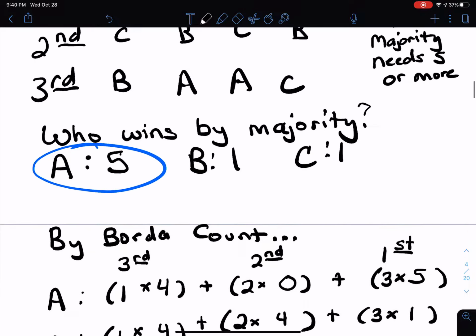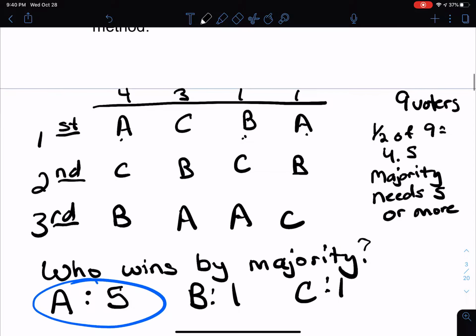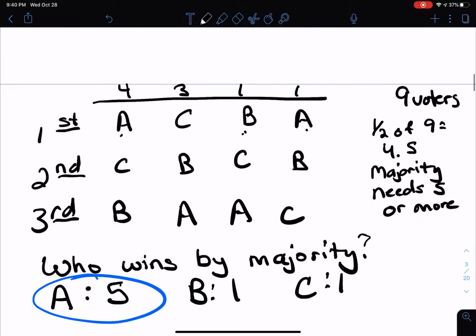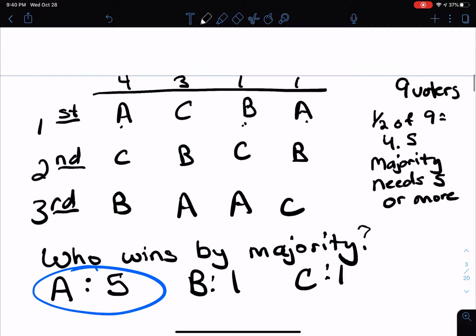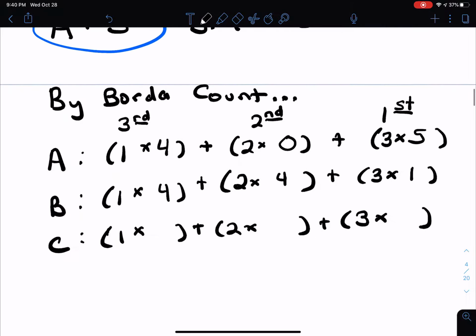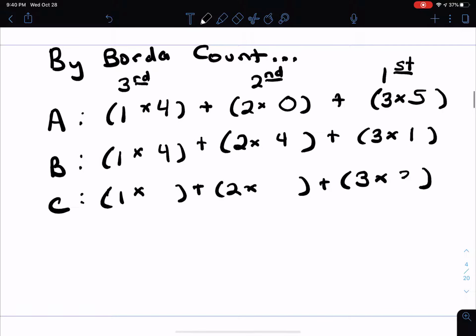All right, then C has 3 first place, 5 second place, 1 third place. So 3, 5, and 1. So we've got to add those up and see what's going on there.